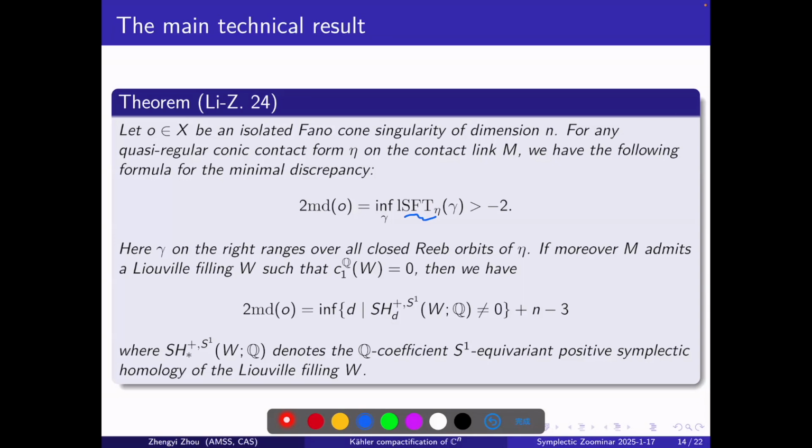Here, the infimum ranges over all the closed Reeb orbits of this contact form, eta. And this number will be bigger than -2.